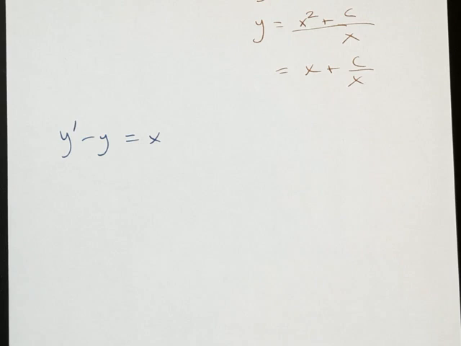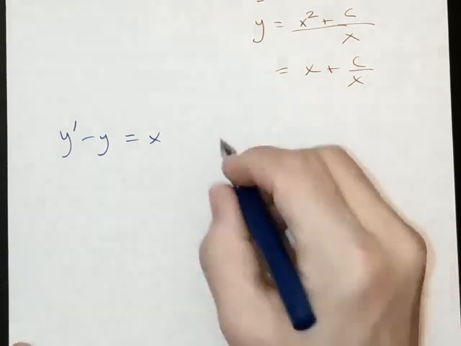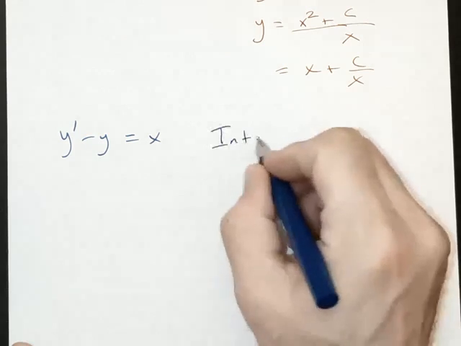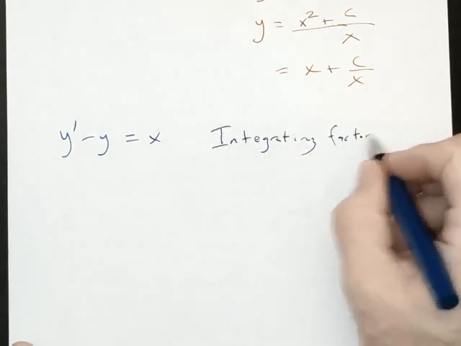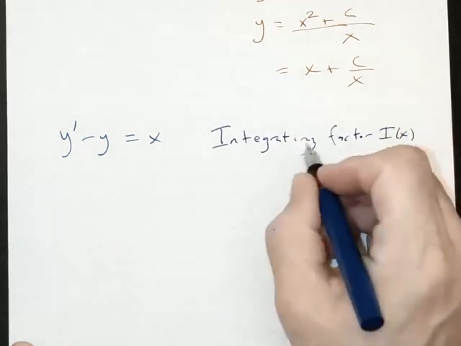So what I'm going to do is multiply by the same thing everywhere in the equation, on both sides. But I have to pick the something just right. I call this item an integrating factor, I of x.